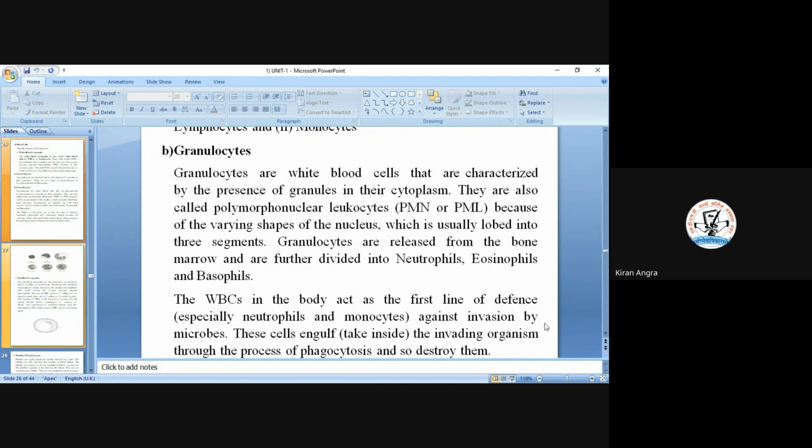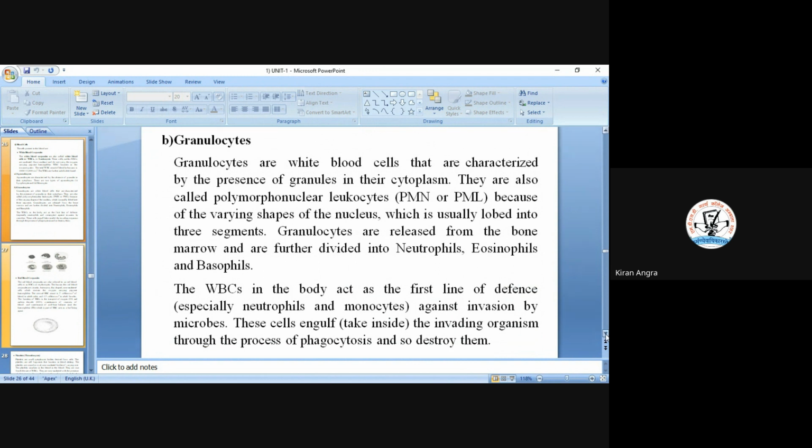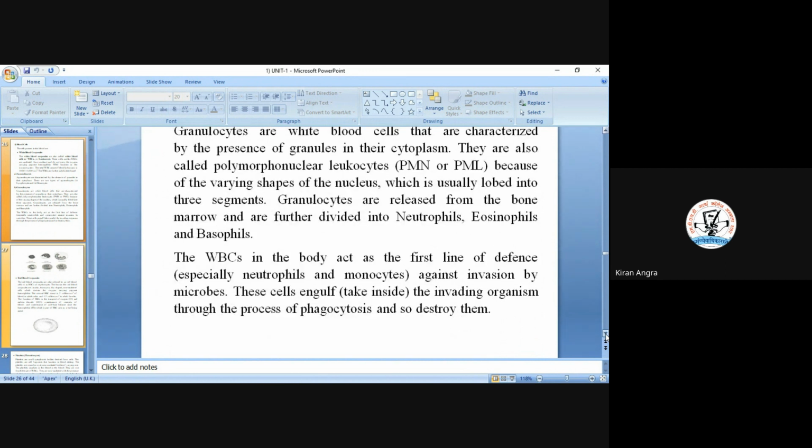WBCs in the body act as a first line of defense against any invasion of microbes. The cell engulfs the invading organisms through the process of phagocytosis, and so they destroy them.